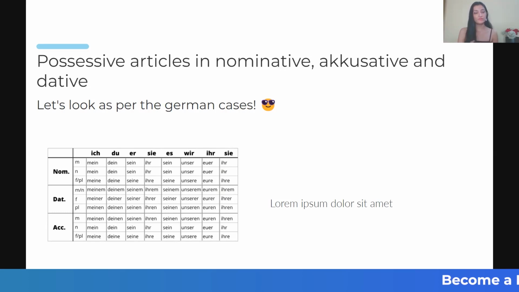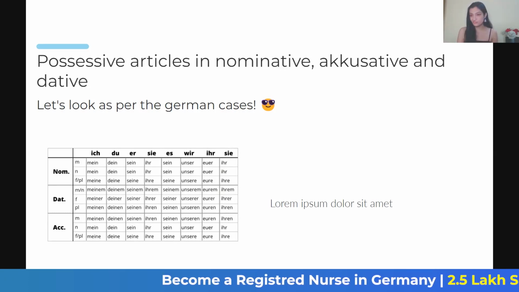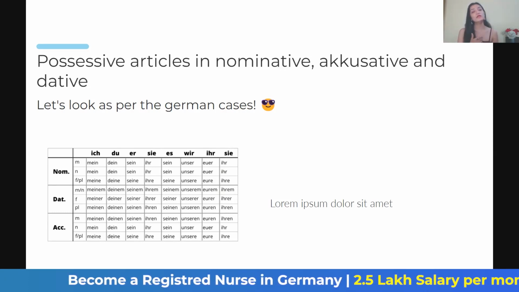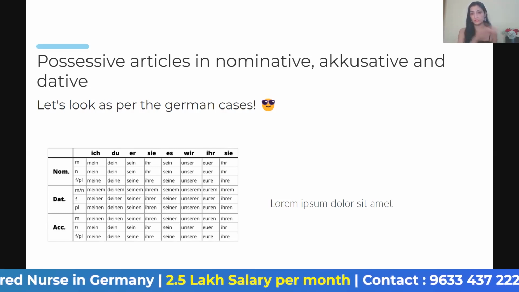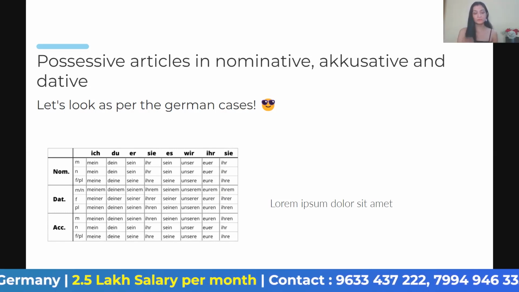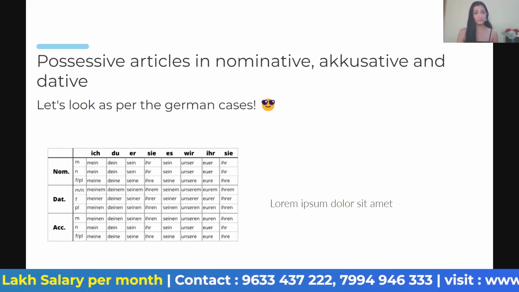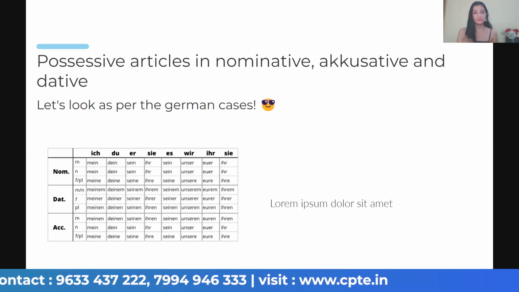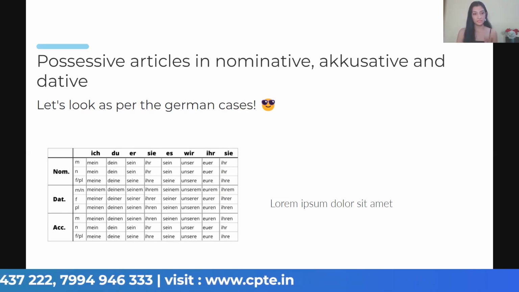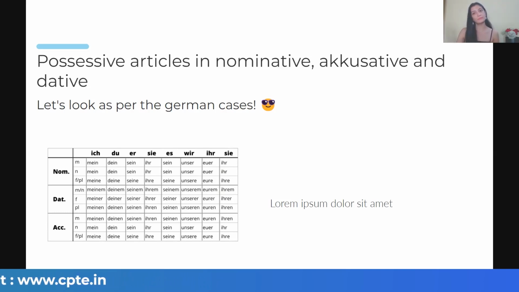In feminine, die will change to der, in plural, die will change to den. So in masculine and neutral, it will change to dem, which is em ending in all: meinem, deinem to Ihrem. Now in feminine, it will change to der, which is er ending: meiner, deiner till Ihrer. In plural, it will change to den, en ending: meinen, deinen to Ihren.